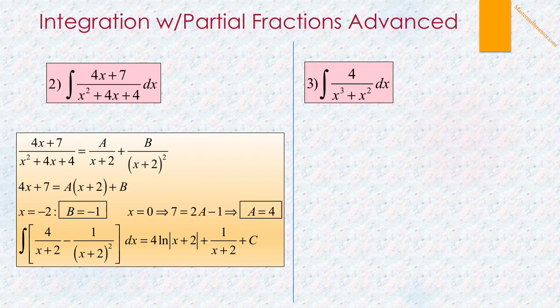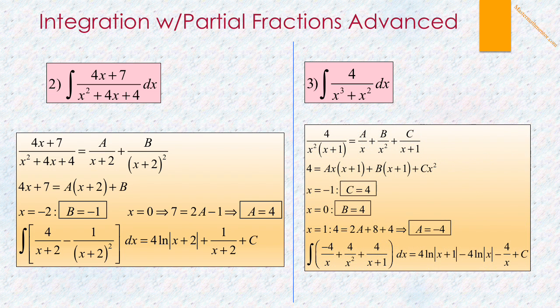We can factor this, but when we factor the denominator, we get x²(x + 1), and we have therefore a repeating factor. So we write 4/(x³ + x²) as 4/(x²(x + 1)), which is A/x + B/x² + C/(x + 1), writing it with partial fractions.